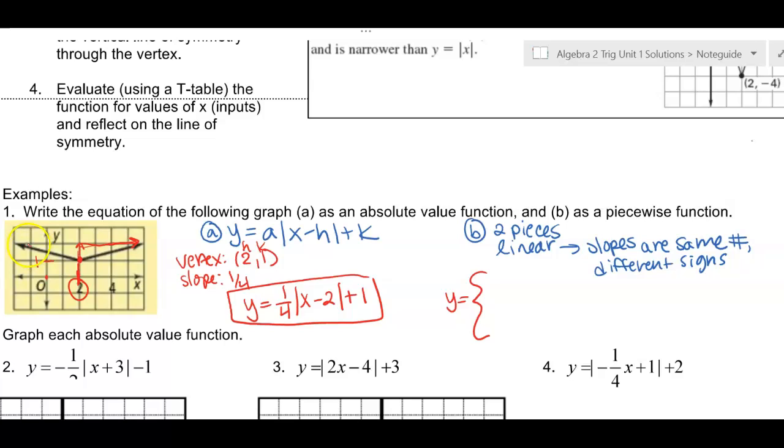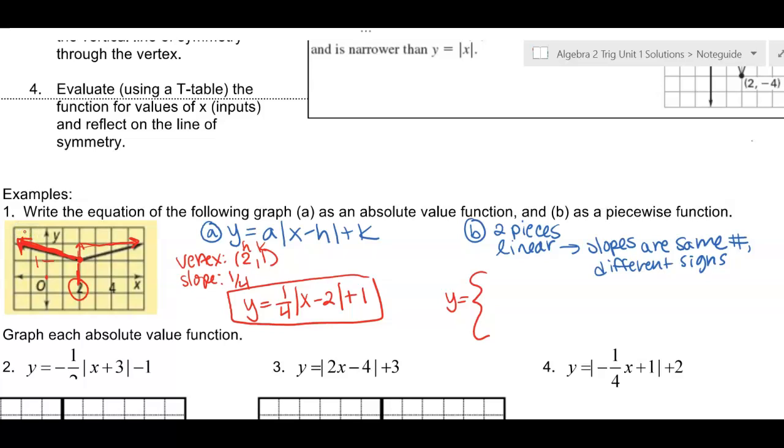So this line on this side, okay, its slope is equal to what? We already counted it. It's 1/4. The question is, is that a positive 1/4 sloping line or a negative 1/4 sloping line? This one on the left side.